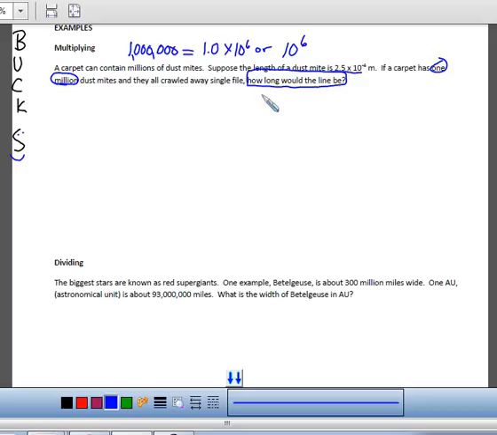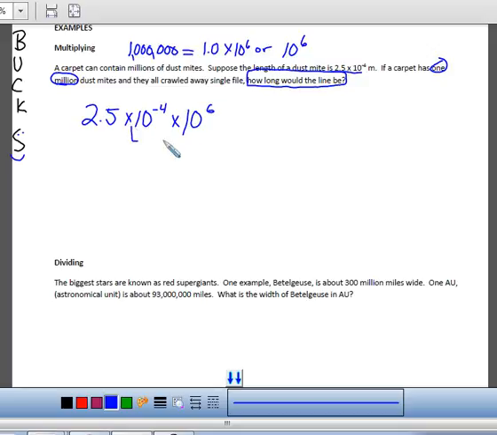So watch what happens. If one dust mite is 2.5 times 10 to the negative 4, we're going to take that 2.5 times 10 to the negative 4 and multiply that by 1,000,000. Instead of writing out 1,000,000, I'm just going to put 10 to the 6th, because I don't need to put times 1 and then times 10 to the 6th.